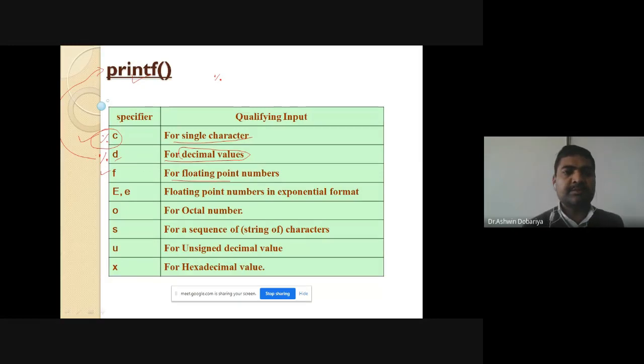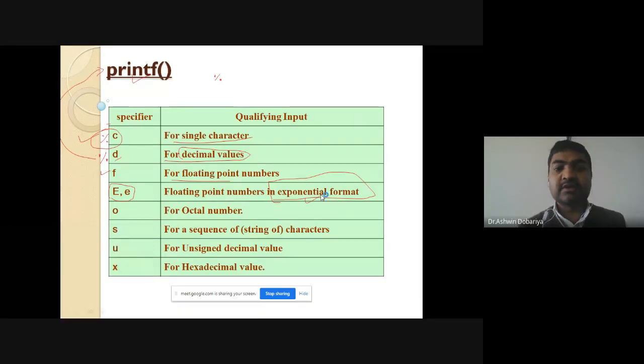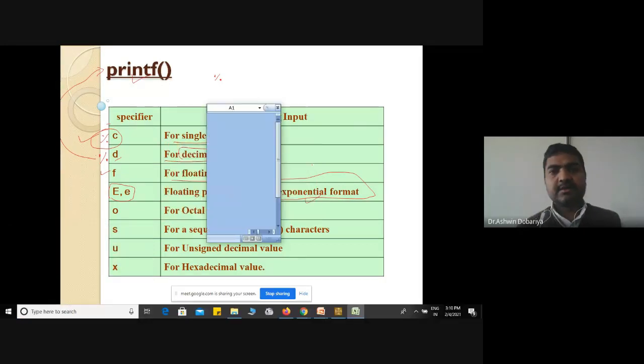So these are all the format specifiers. And capital E or small e represents the floating point number in exponential format. This exponential format is a type of floating value. Let me give you one example in Excel, then you can understand what exponential format is.